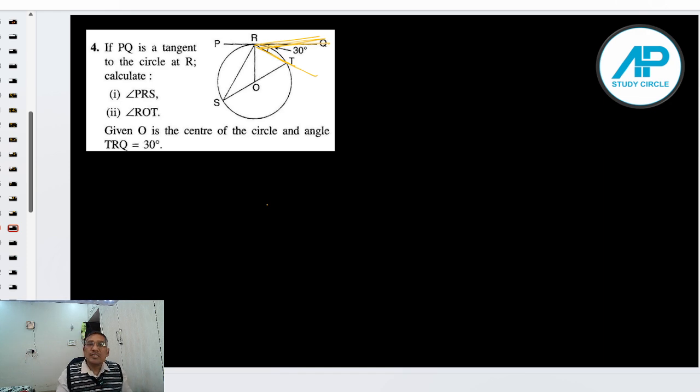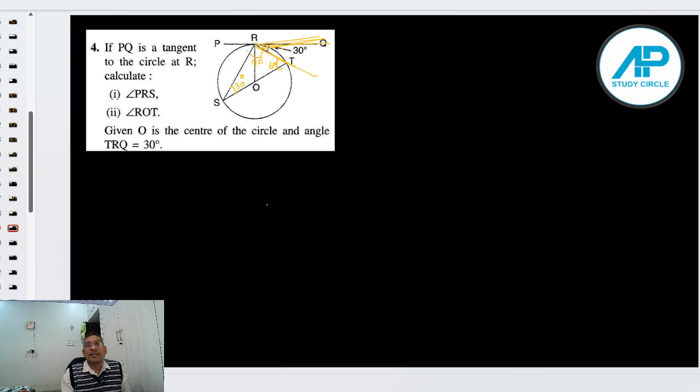Look very carefully. This chord TR is getting an angle at the circumference here. So this angle is 30. This angle is also 30. Correct.